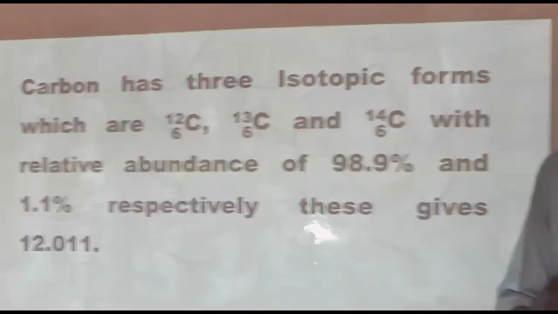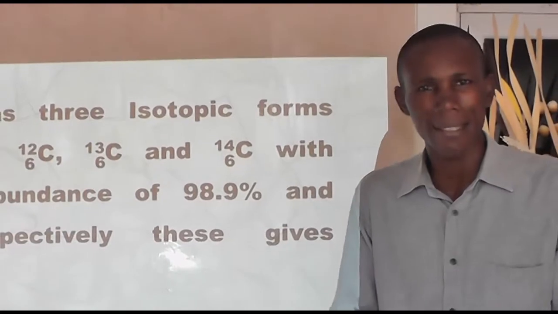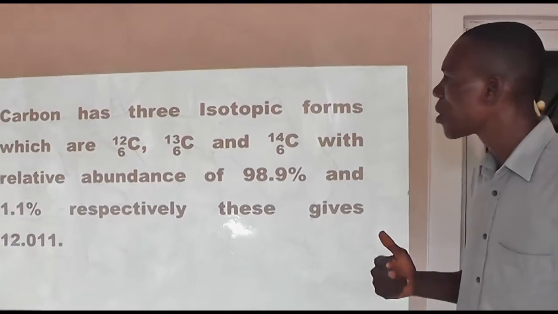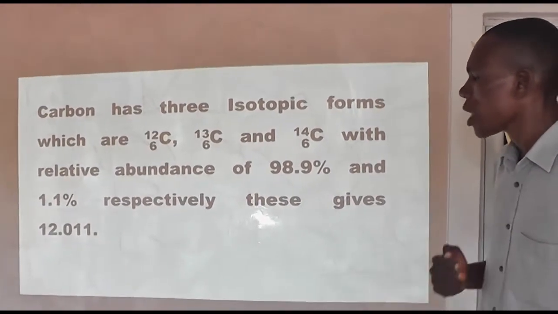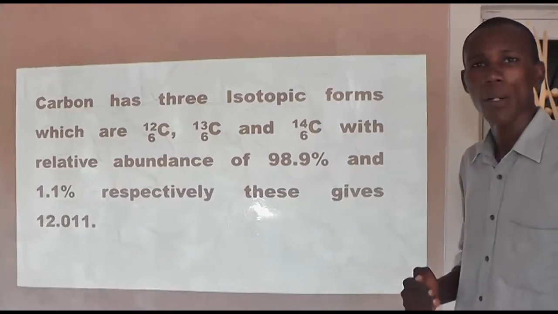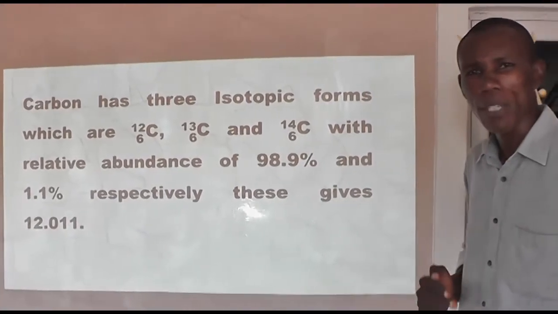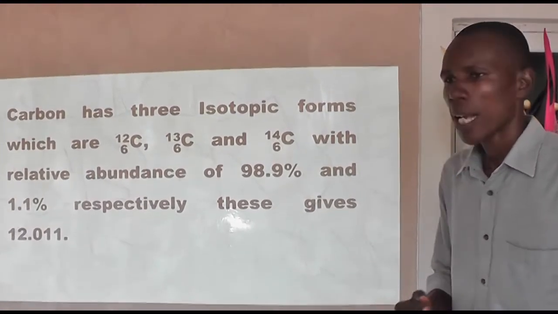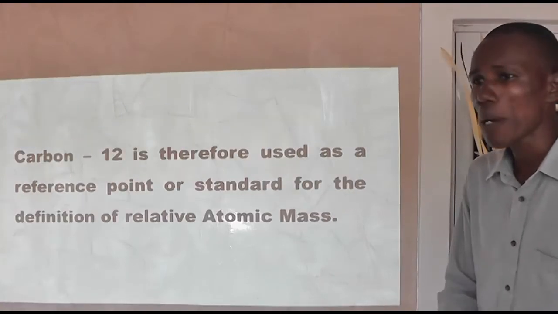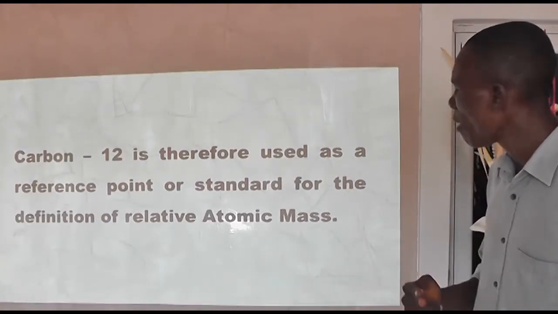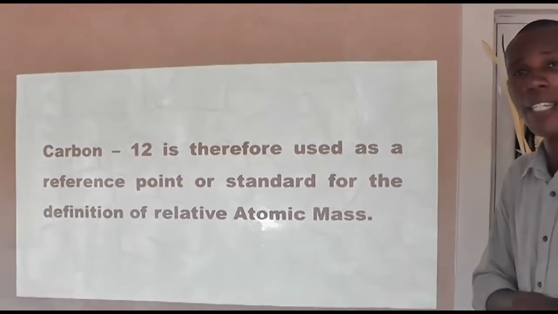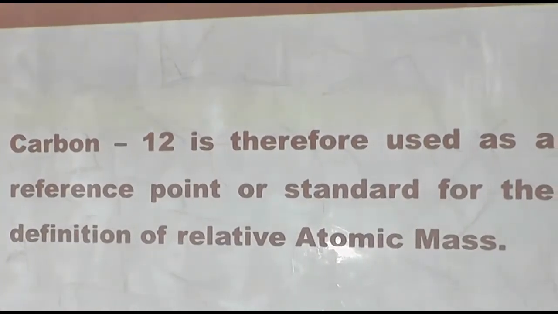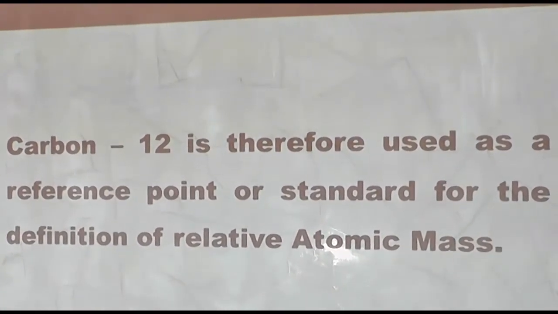From calculation which we will see in our subsequent classes, you will discover that the relative atomic mass of carbon is 12.011, which is approximately 12.00. Now, from this relative atomic mass, carbon-12 is therefore used as a reference point or a standard or a yardstick for the definition of relative atomic mass.